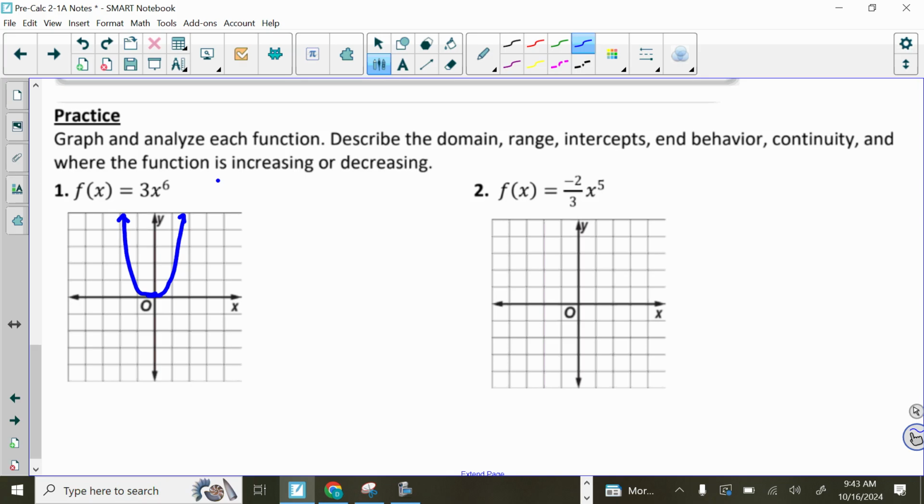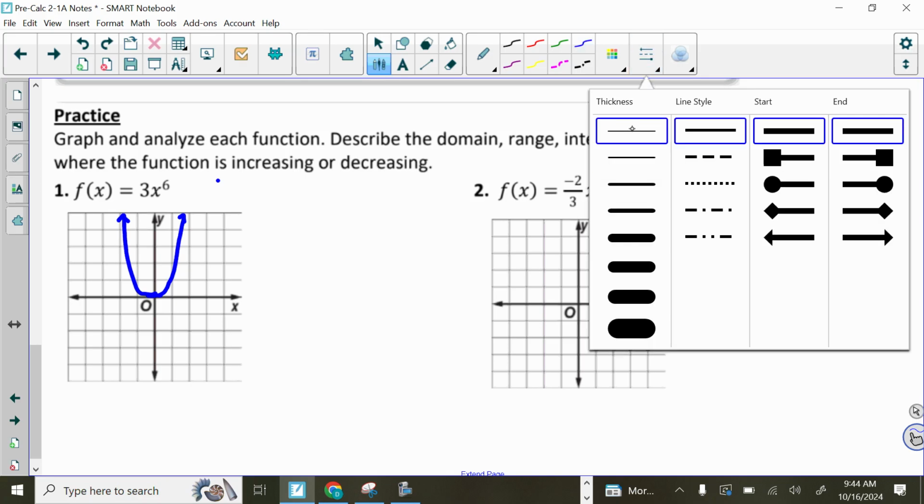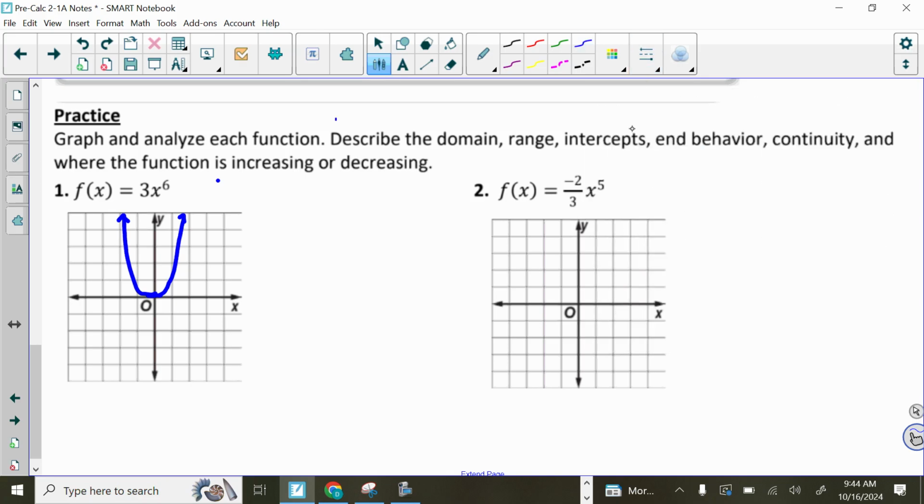So let's talk now about what our information is. They don't want everything we got on those other ones, but they want domain, range, intercepts, end behavior, continuity, and whether it's increasing or decreasing. All right, so on this one, we can say the domain is going to be negative infinity to positive infinity.